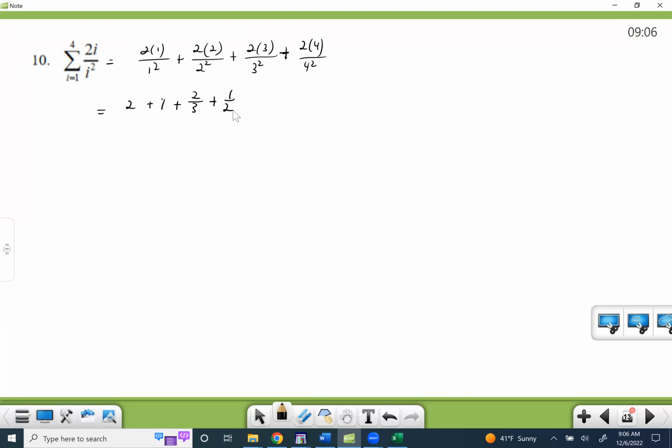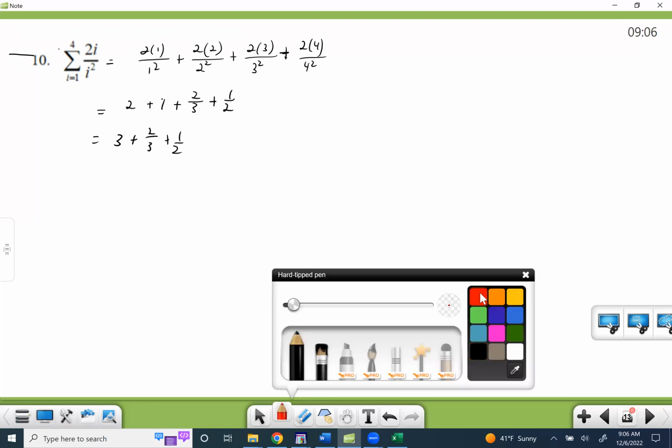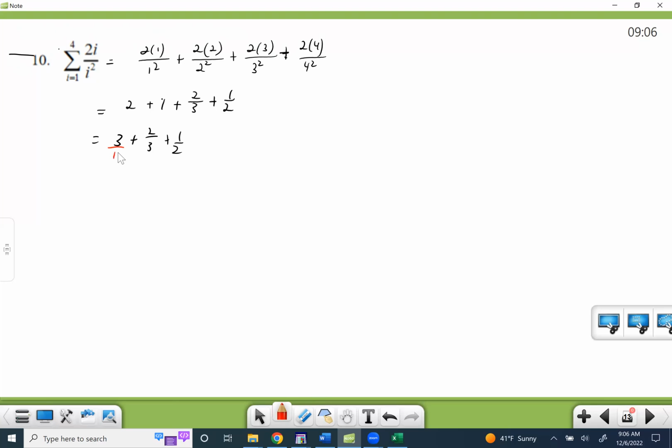Okay, so I'm going to go ahead and add this up, you guys. Again, you can use your calculators, whatever. So this is going to be 3 plus 2/3 plus a half. I'm going to put a 1 underneath, get common denominators. It looks like 6 is the least common denominator, so I'm going to multiply by 6's. To turn this into a 6, I would need a 2.